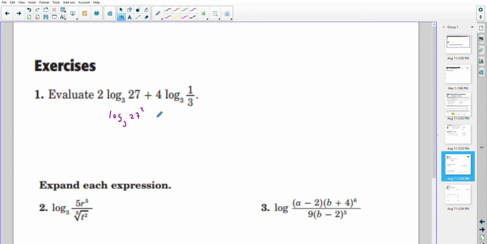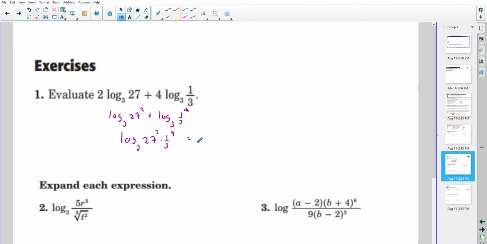So we're going to use the power property. And now that you see that those bases are the same, you can apply the product rule that says that you can combine those into 27 squared times 1/3 to the 4th. And then it's a matter of simplifying this.